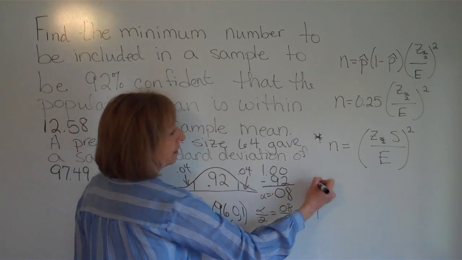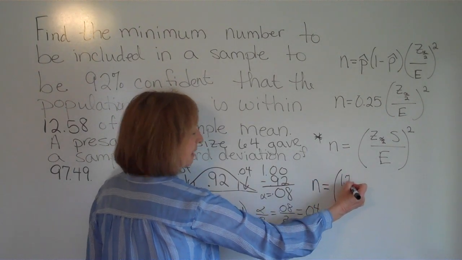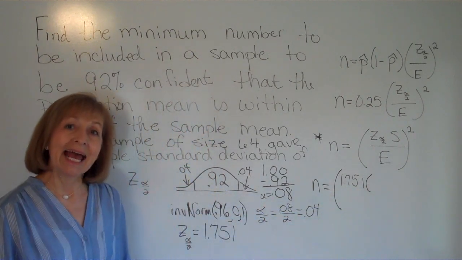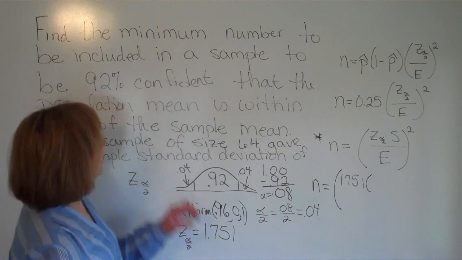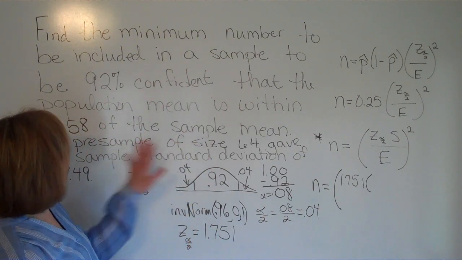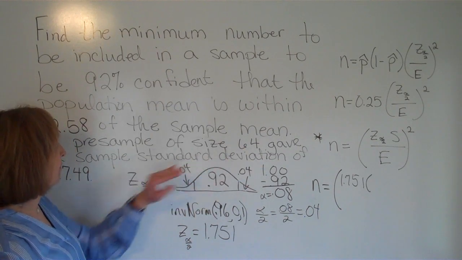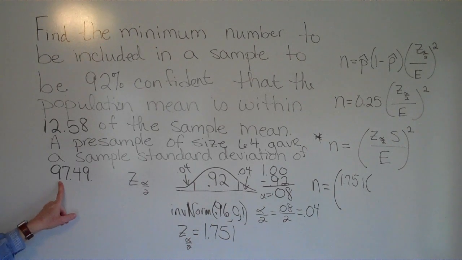Coming over to our formula, n is equal to my 1.751 times s. S is the sample standard deviation. And we look and it says that they did do a pre-sample of just 64 individuals and found a standard deviation of 97.49.